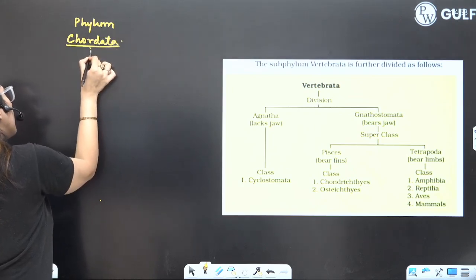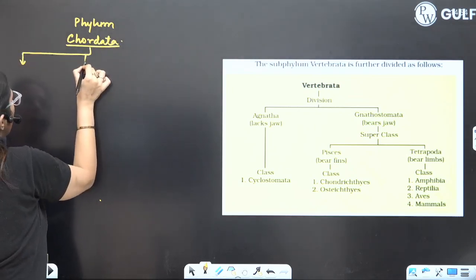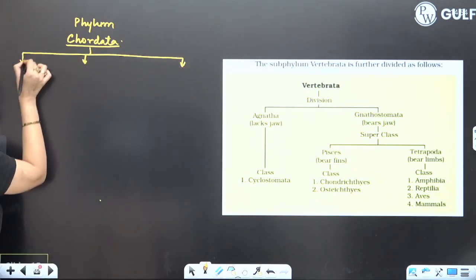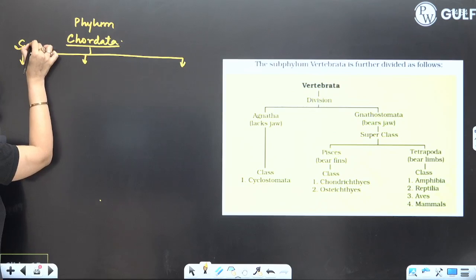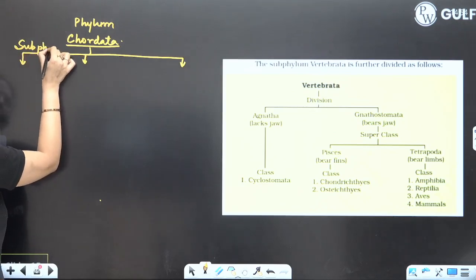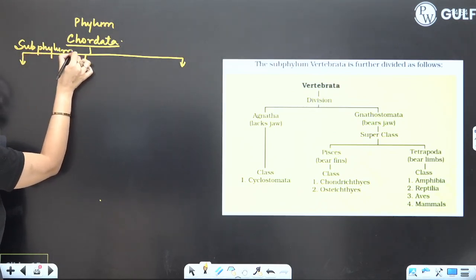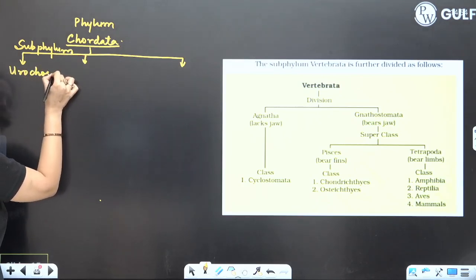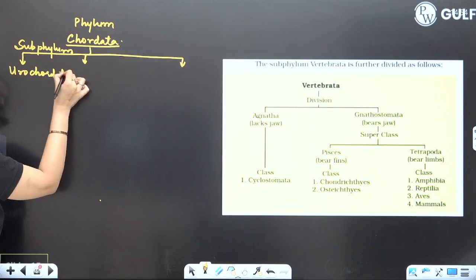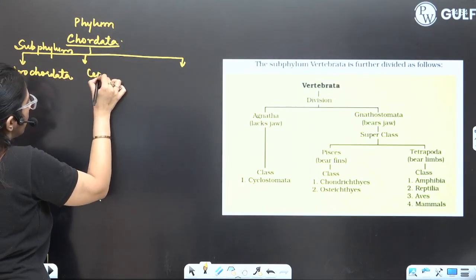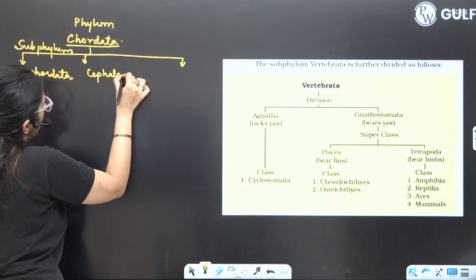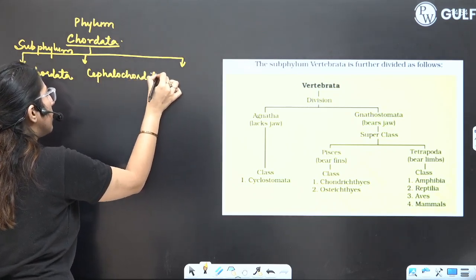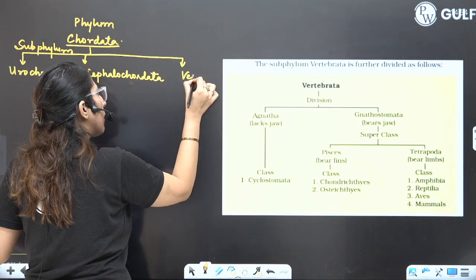Phylum Chordata is classified into 3 subphyla: Urochordata, Cephalochordata, and Vertebrata.